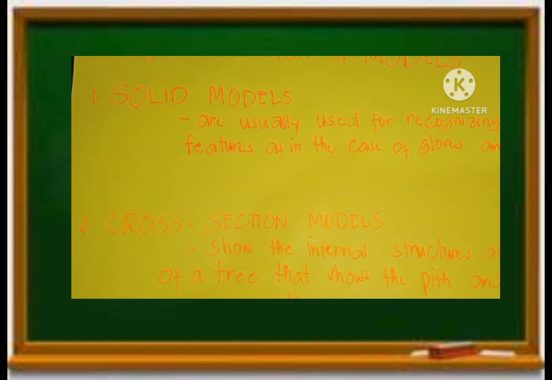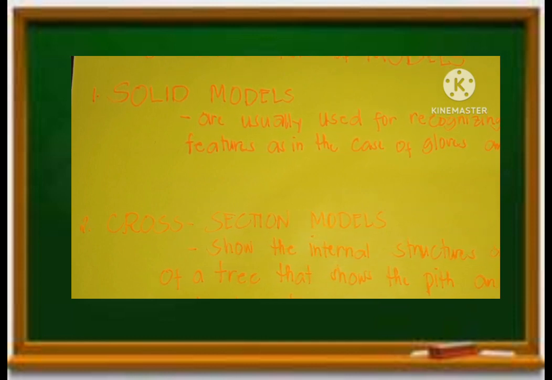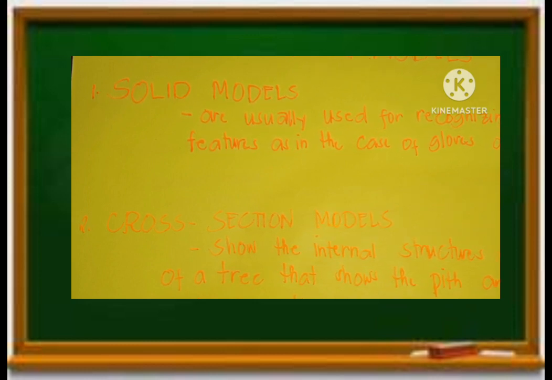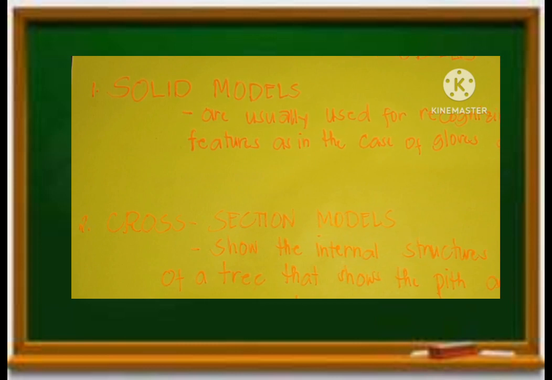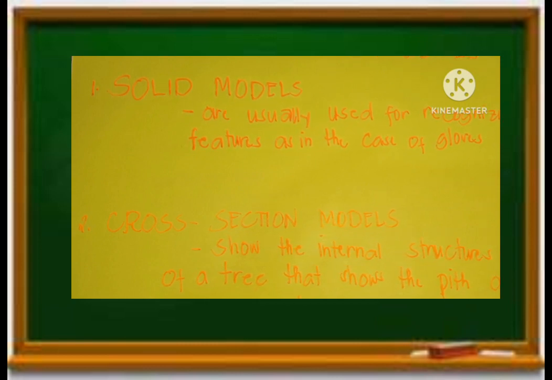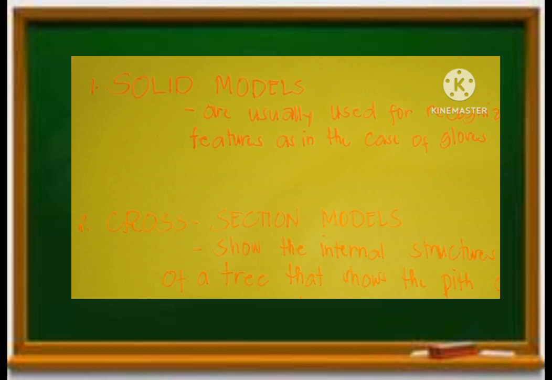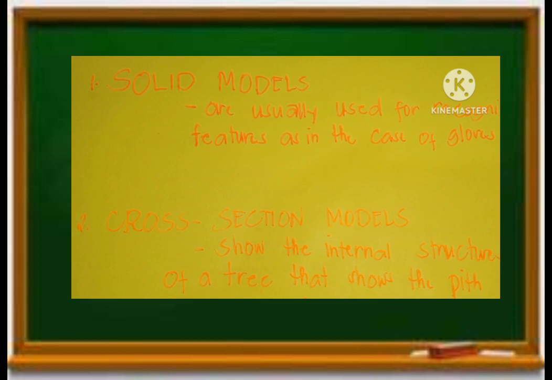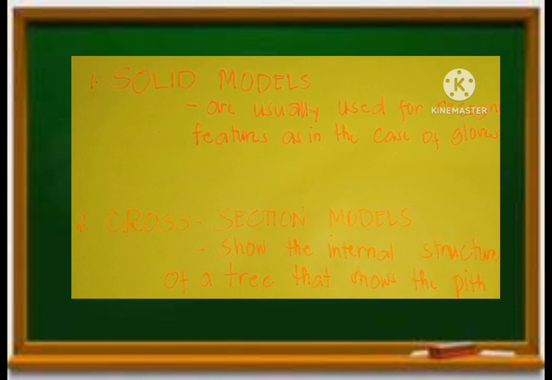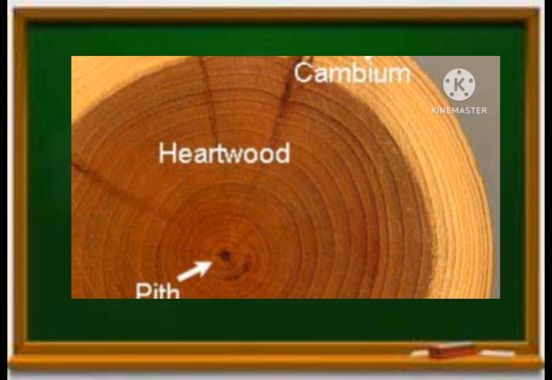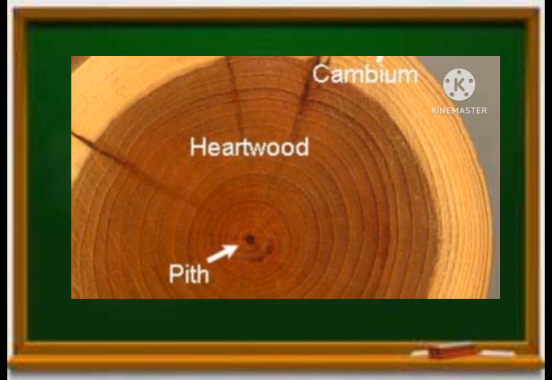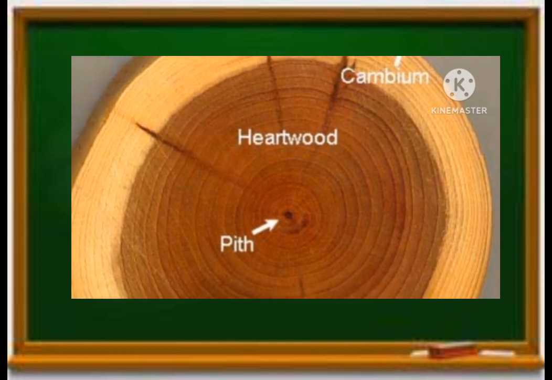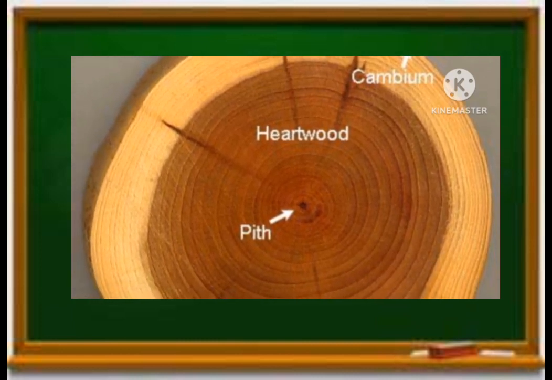It means they show the internal structure or features, such as the center of a tree. The tree is sliced in half, and then you can see the other parts of the tree, the heartwood, the cambium, the pith, which we see in the center of a tree.